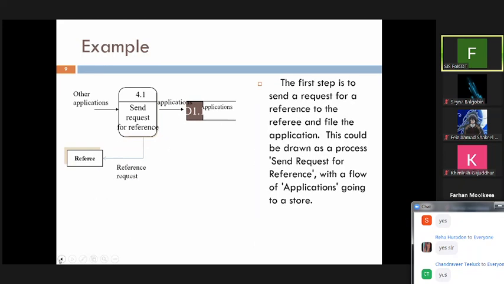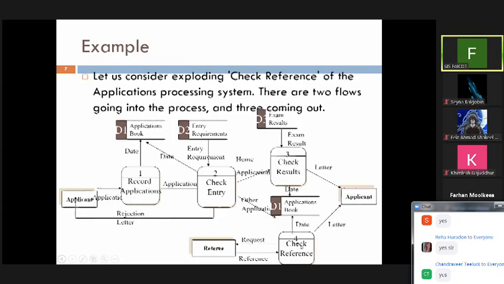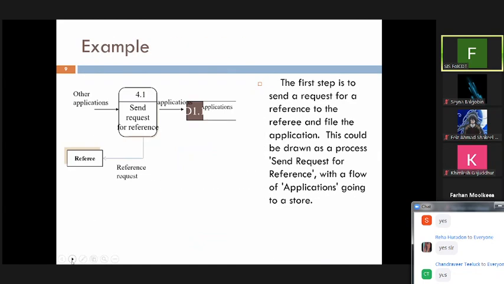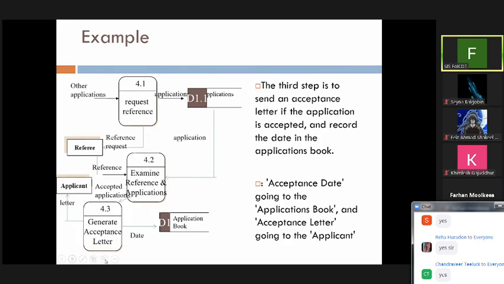If we look at this, there was a request sent to the referee, and a reference sent back to the process. So here there's the reference. We do 4.2, we examine, and there should be an output that goes out. In the next diagram, we are going to show that.